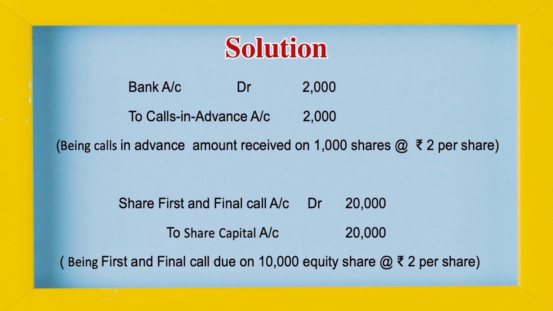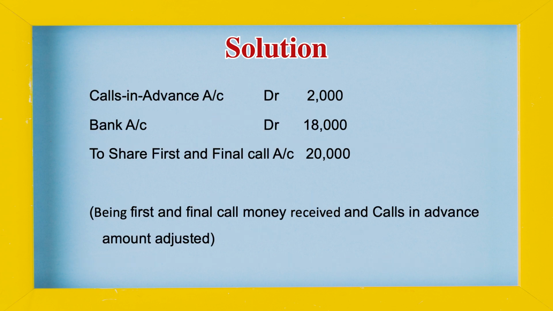Narration: being first and final call due on 10,000 equity shares at the rate of rupees 2 per share. Call-in advance account debited rupees 2,000, bank account debited rupees 18,000 to share first and final call account rupees 20,000. The narration is being first and final call money received and call-in advance amount adjusted.